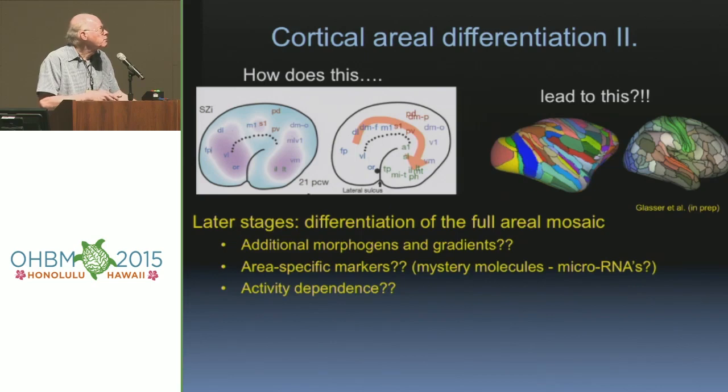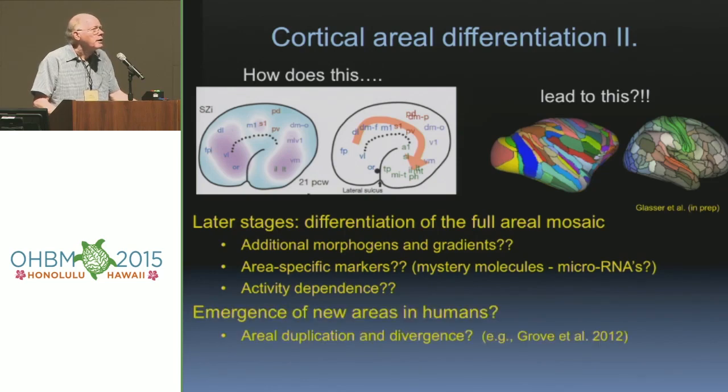Are there area-specific markers that are perhaps related to micro-mRNAs or other molecular species that are only currently being studied? Is neural activity important in this? Probably so, but exactly how these play out is work to be resolved. And why do we have more cortical areas than in monkeys, and far more cortical areas than in mice?